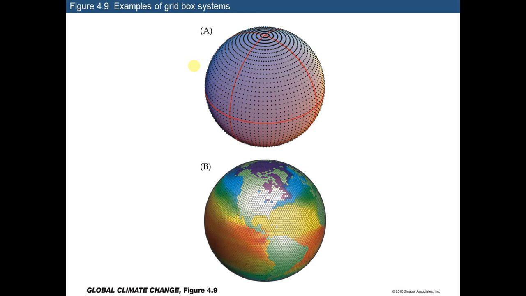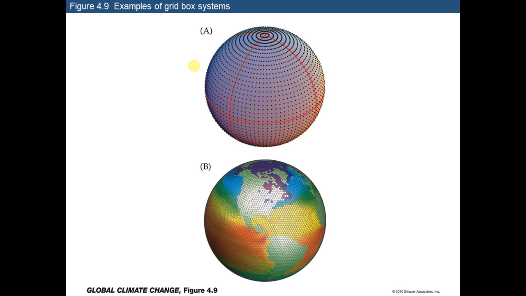A is basically the Earth, not showing the continents or oceans and not looking at any values, but just showing the grid boxes, specifically the centers of them. What's being shown is how Earth is resolved into them, looking from above.